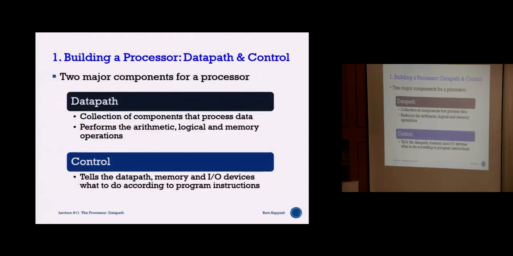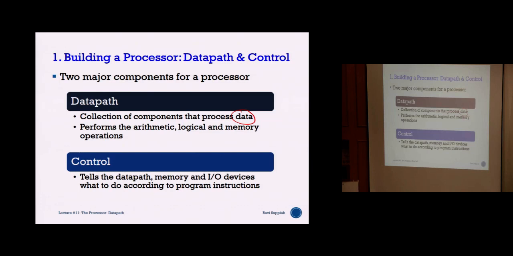There are 2 main parts to a processor. One is called the data path, the other is called control. The data path is basically how the data flows through the whole processor. When we say data, in a sense, we mean the instruction: the whole 32-bit instruction, how it is decoded to get the data that you want, complete the arithmetic or logical operation, get the result, and then what you do with the result.